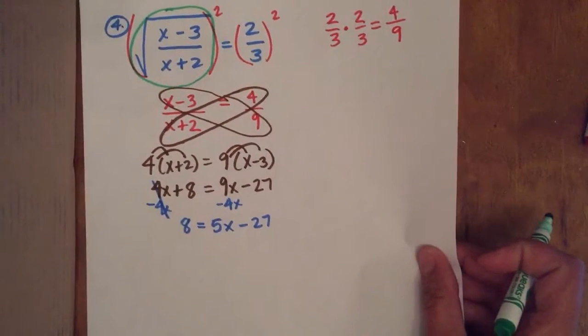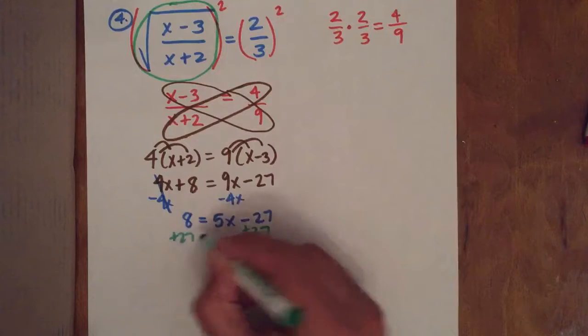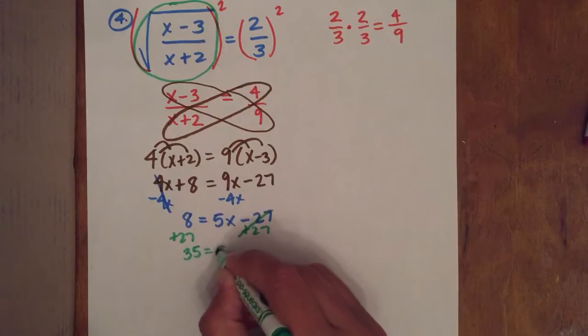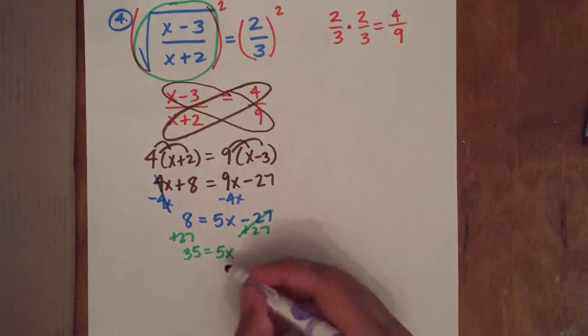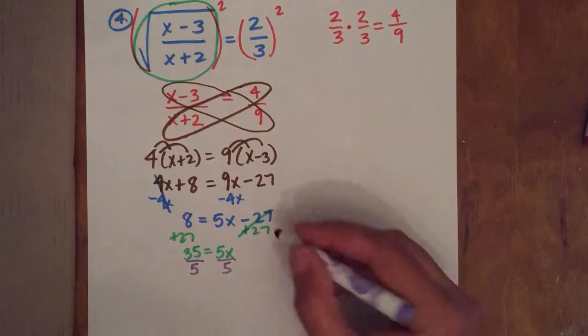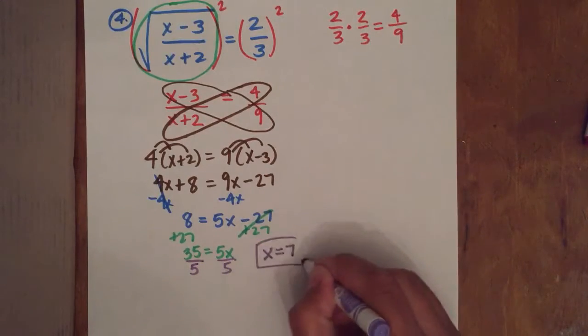So I'm going to add the 27 to both sides. So that gives me 35 equals 5x. And once again, we've eliminated all the radicals. So let's do our final step. Divide by 5. Therefore, x is going to equal 7.